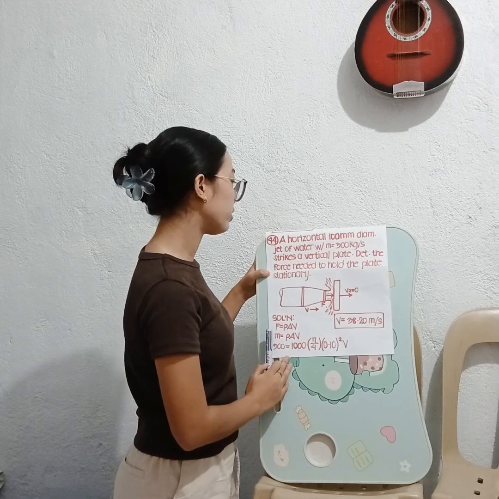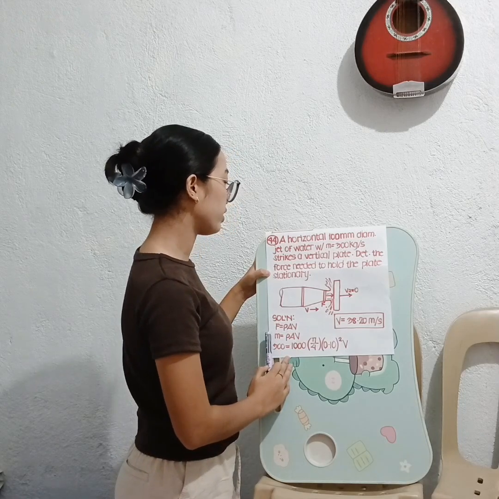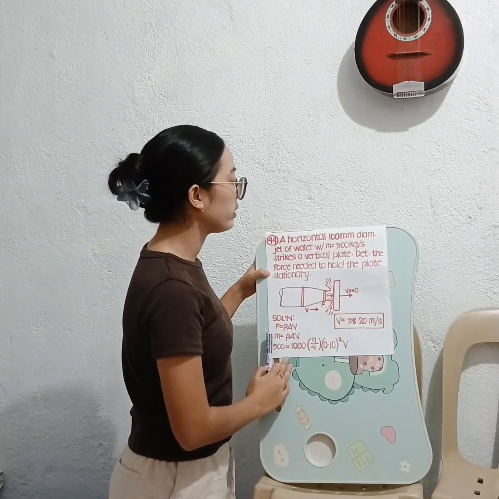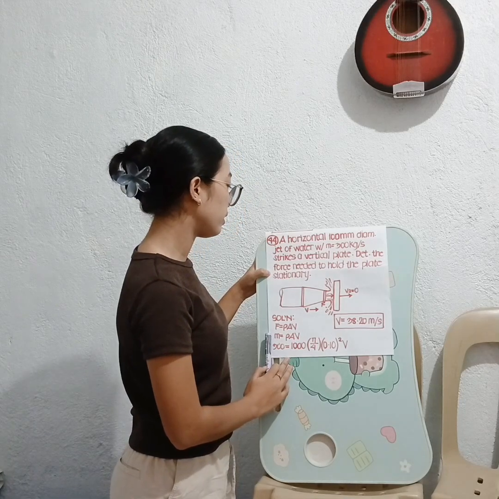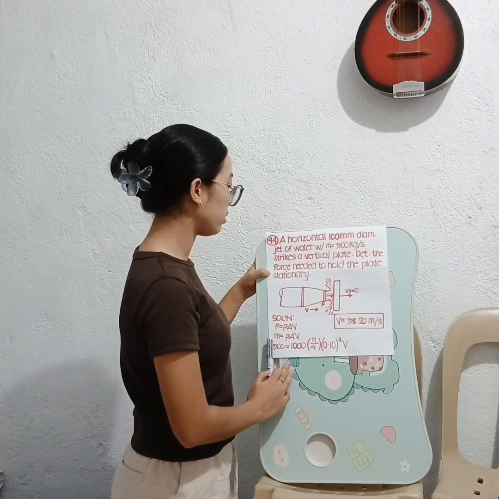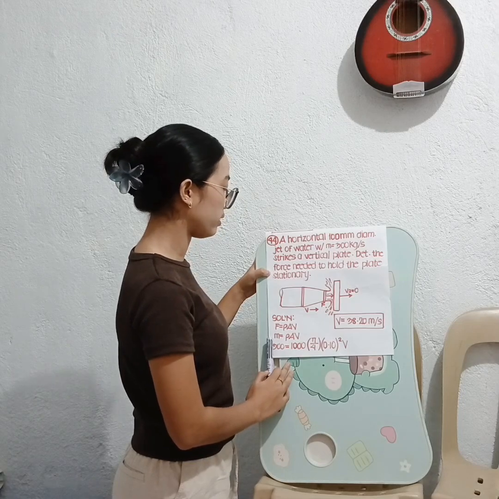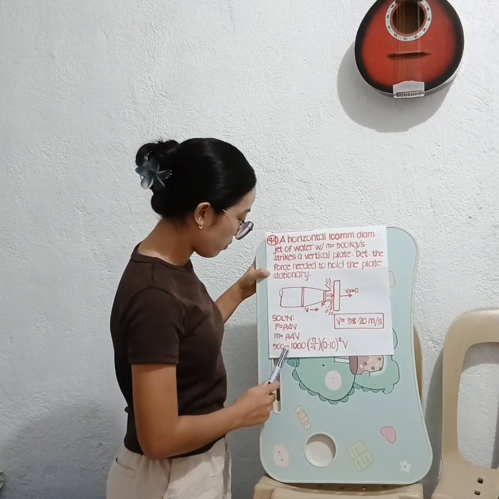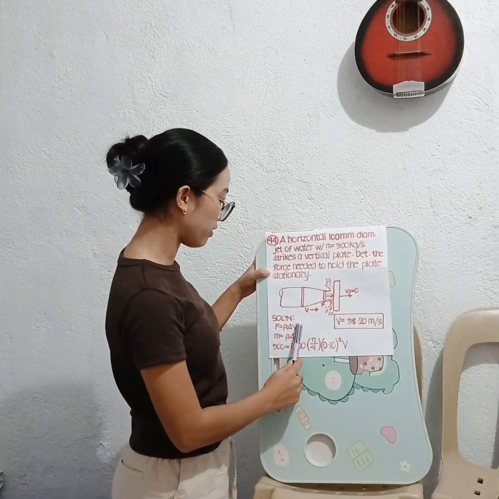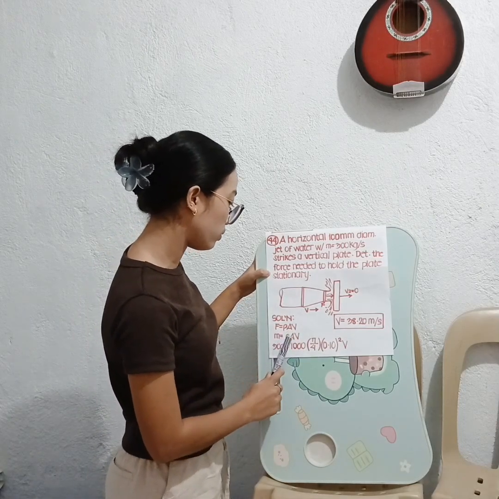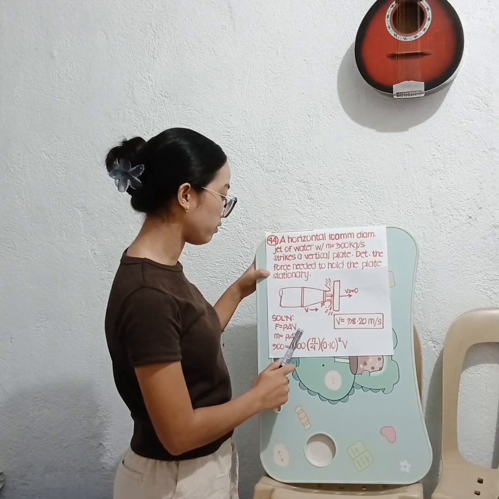Next is a horizontal 100 mm diameter jet of water with m is equals to 300 kg per second strikes a vertical plate. Determine the force needed to hold the plate stationary. We have force is equals to density times area times V. We have m is equals to density times area times the velocity.